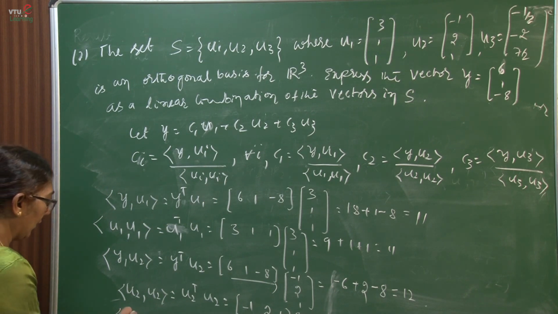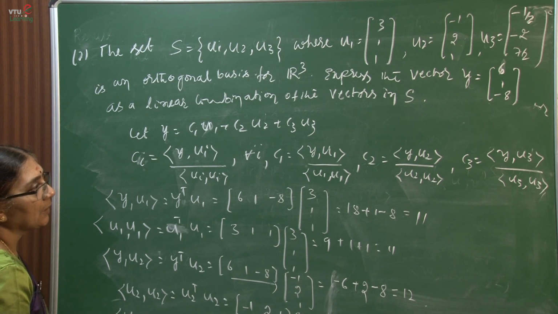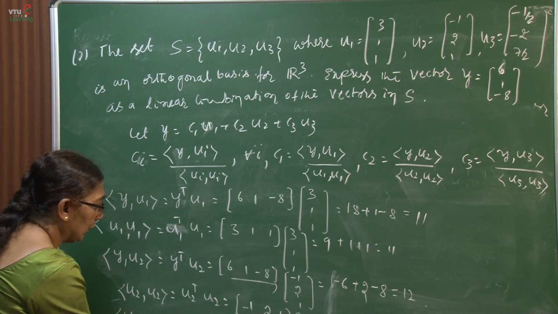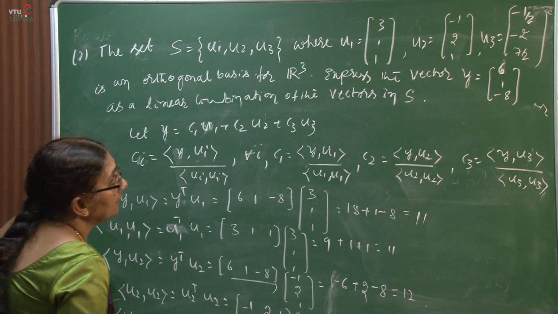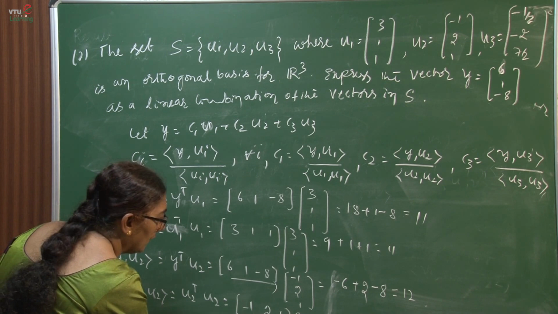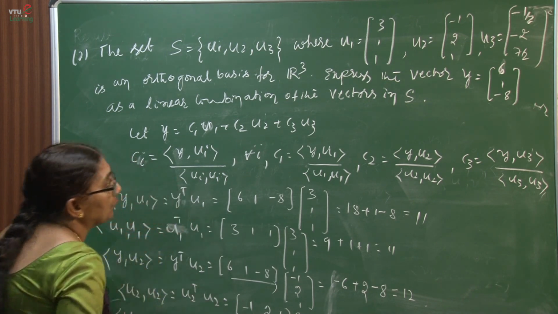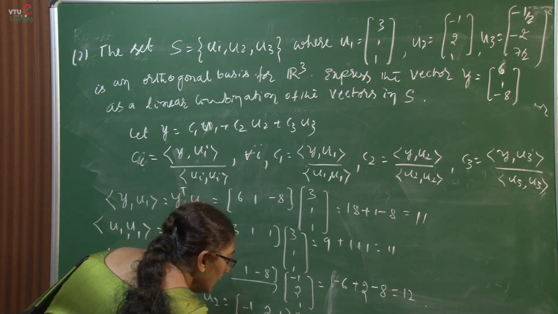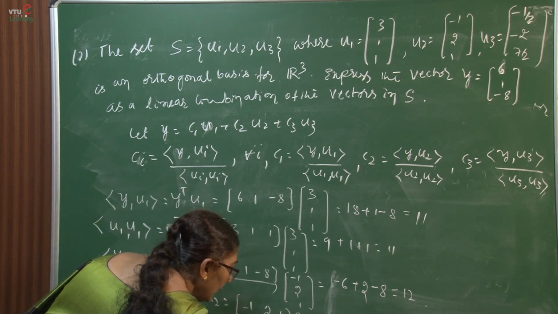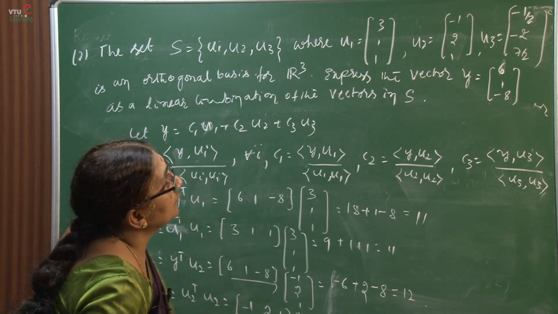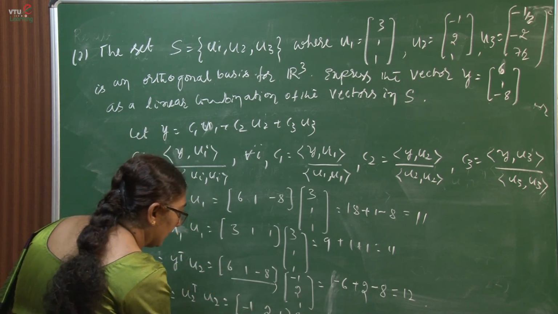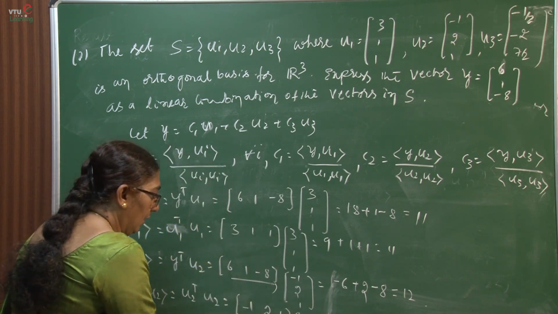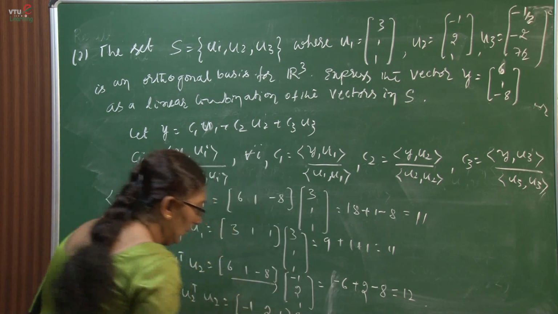Next find the remaining: the inner product of Y comma U3, which is Y transpose U3. Y is (6, 1, minus 8) and U3 is (minus 1/2, minus 2, 7/2). Multiply that: 6 times 1/2 gives minus 3. 1 times minus 2 is minus 2.